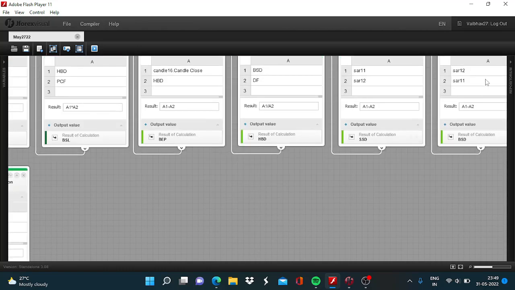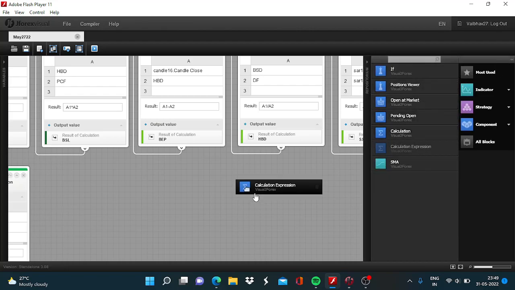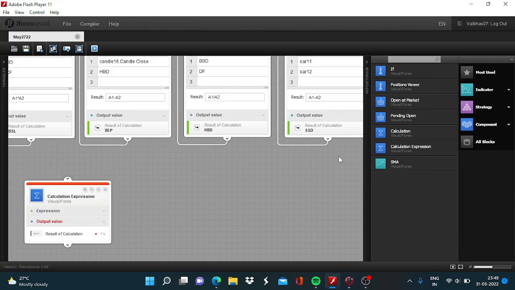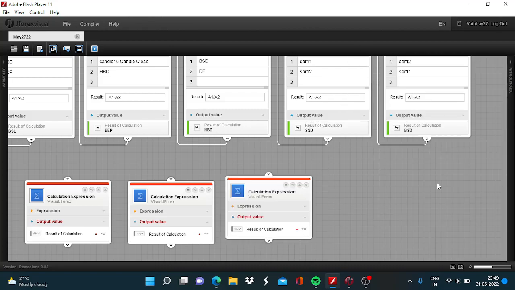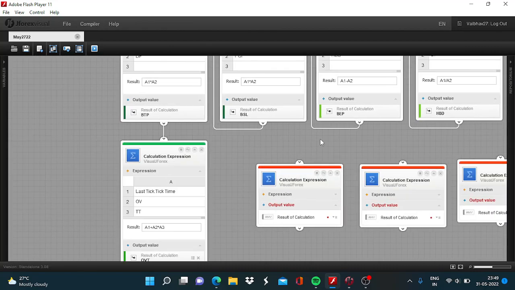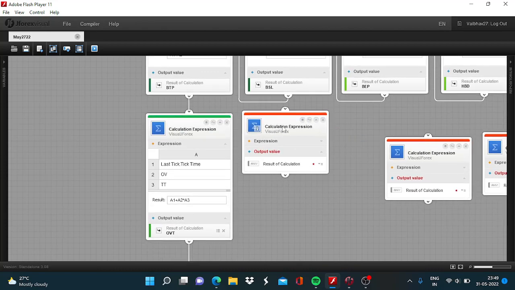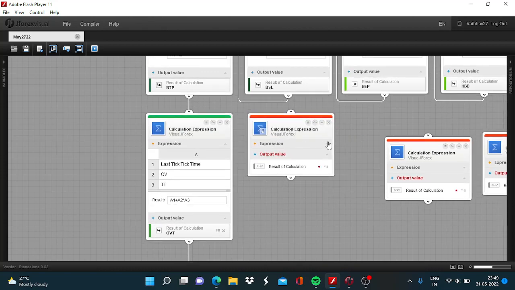So for that, we need calculation expression here. I will add a couple of these. Even I am not sure how many we are going to need exactly. We will add as the need arises.